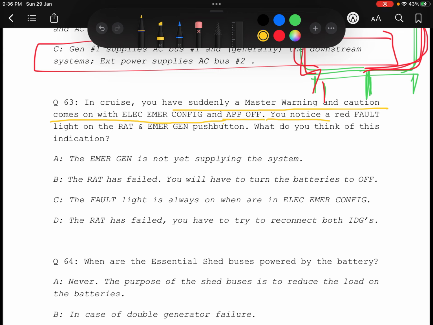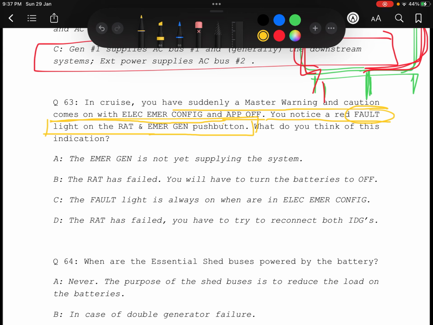Okay, you notice a red fault light on the RAT and emergency generator push button. You know when this red fault light comes. It comes whenever your emergency generator is not supplying the system, and AC bus 1 and AC bus 2 are unpowered.